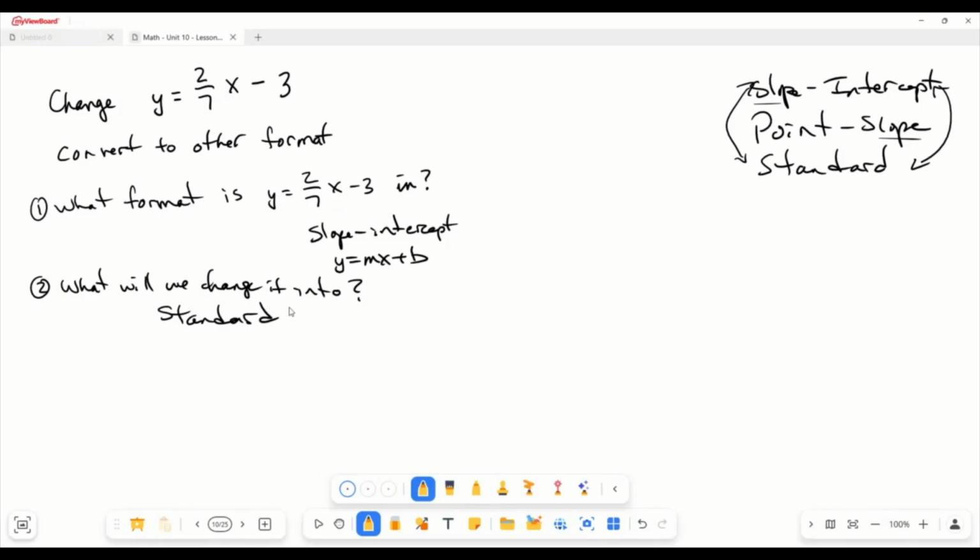So it's given to us in slope intercept. We want to change it into standard, which is ax plus by equals c.